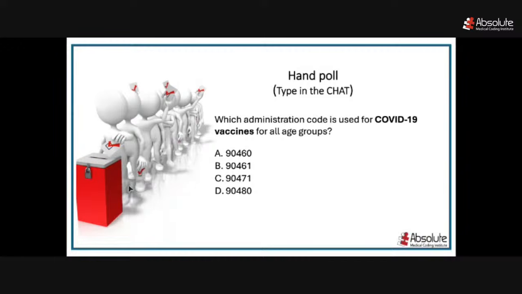Which administration code is used for COVID vaccine for all age groups among these? Is it option A, 90460, option B, 90461, option C, 90471, or option D, 90480?